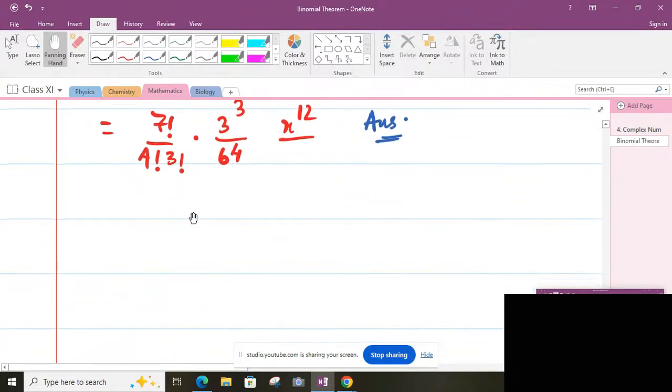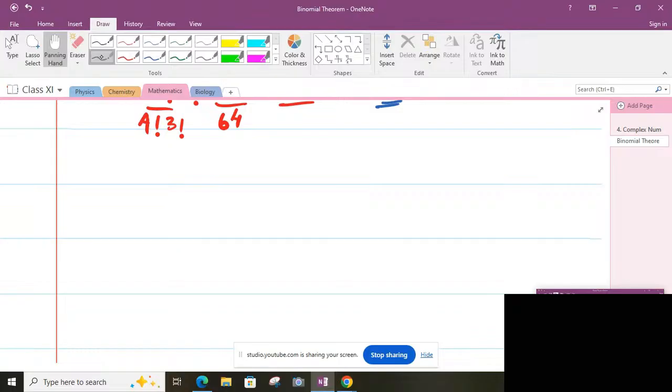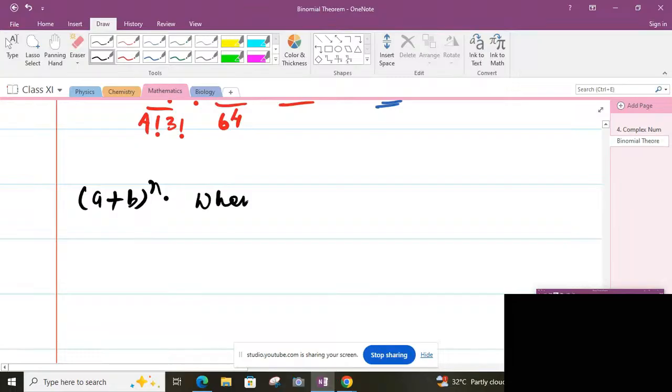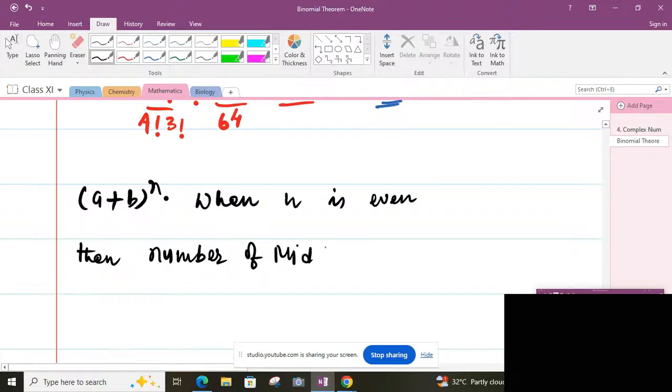So we write down here: in the expansion of a plus b to the power n, when n is even, then the number of middle terms is 1.